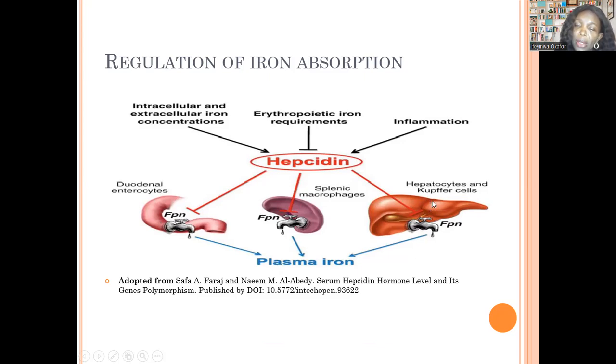The ferritin stored in hepatocytes is also allowed to release iron into the plasma through the ferroportin channel. Hepcidin production is downregulated when there is an increased erythropoietic iron requirement, and then these three sites are allowed to release iron to the plasma.